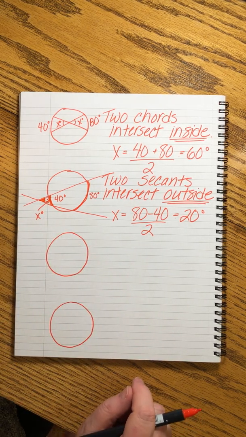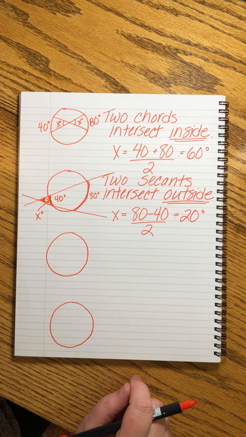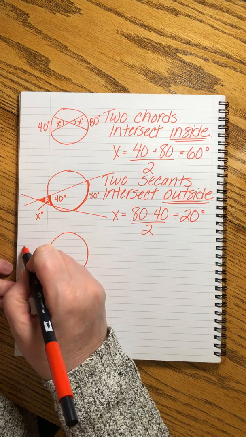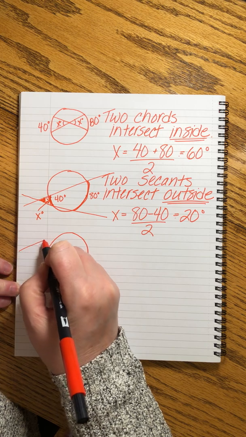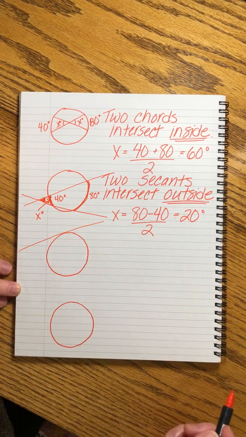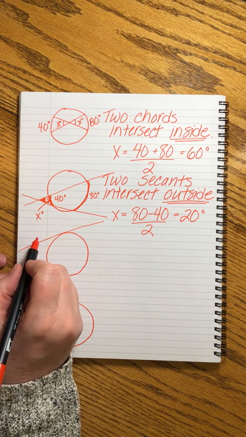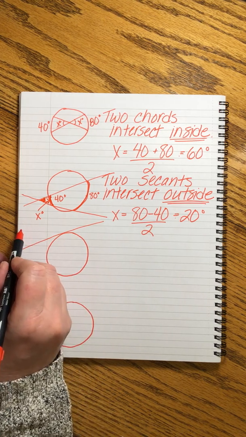The third one is an example where we are combining a tangent and a secant. Okay, so let me try and draw. Here comes the tangent. That is a pretty good looking tangent for a hand drawing. And here comes the secant.